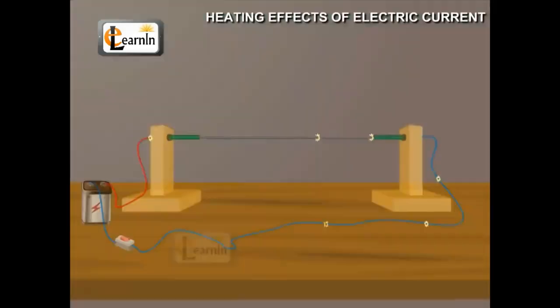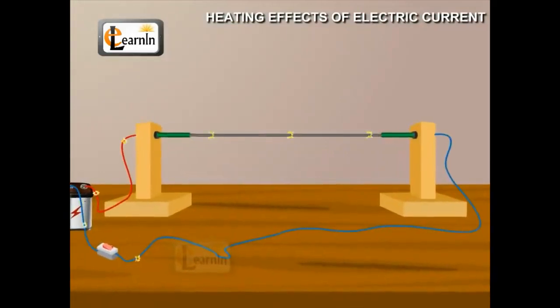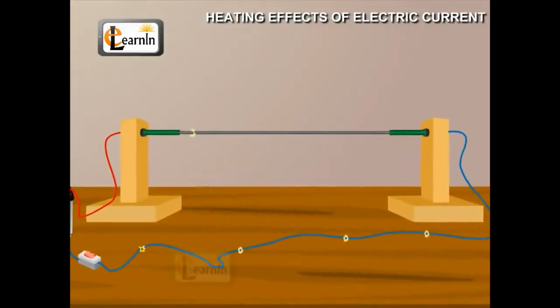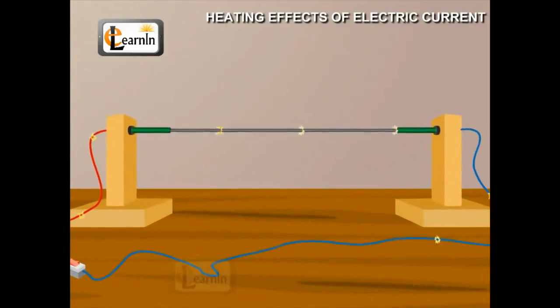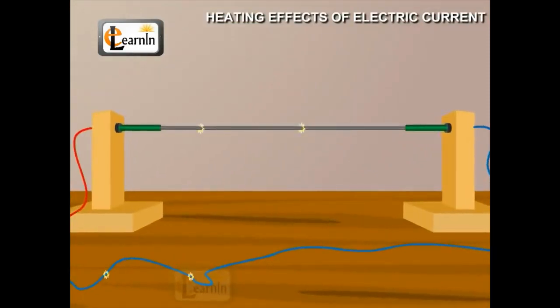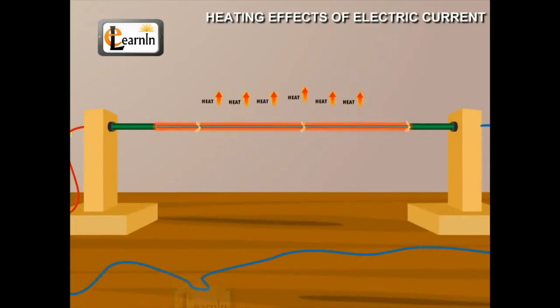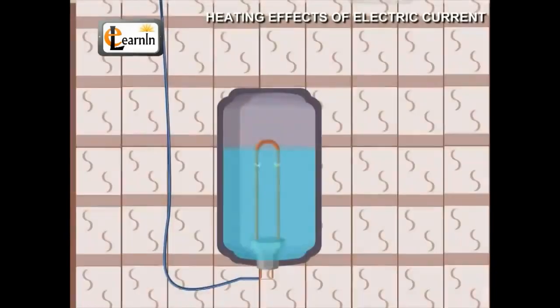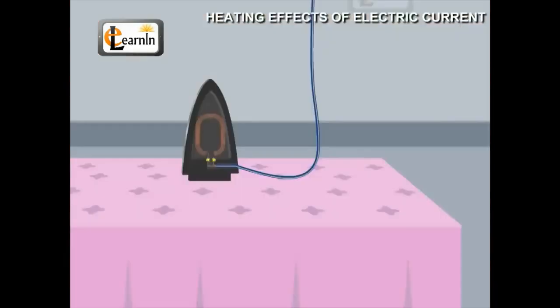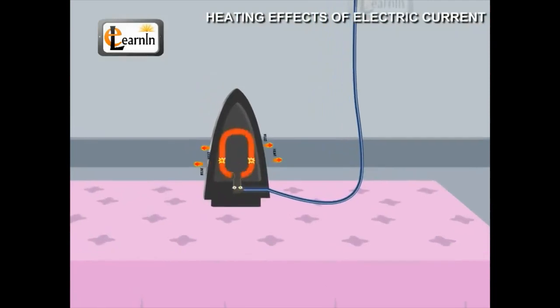On the other hand, if the electric circuit is purely resistive, that is, a configuration of resistors only connected to a battery, the source energy continually gets dissipated entirely in the form of heat. This is known as the heating effect of an electric current. This effect is utilized in devices such as electric heater, electric iron, electric toaster and others.